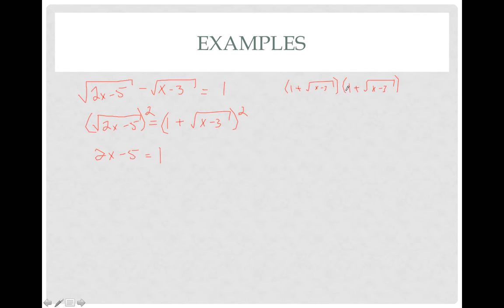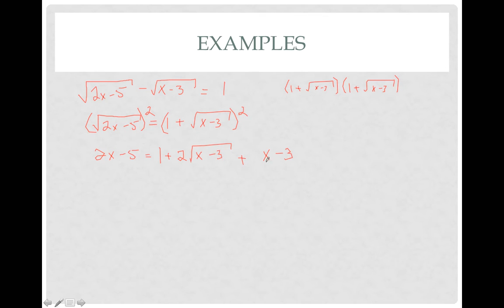I get one of these x minus 3s and another one of these radicals, so I get a plus 2 radicals of x minus 3. And then it's going to be plus this thing squared, so it's root times root, which makes just x minus 3. And now I have to get another radical by itself.